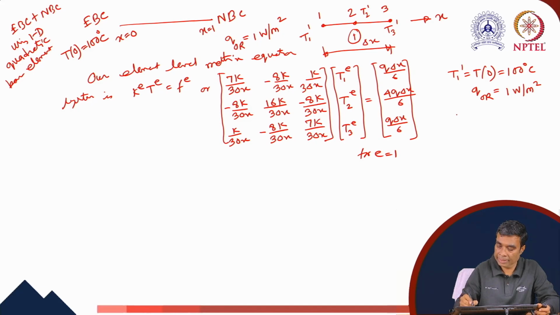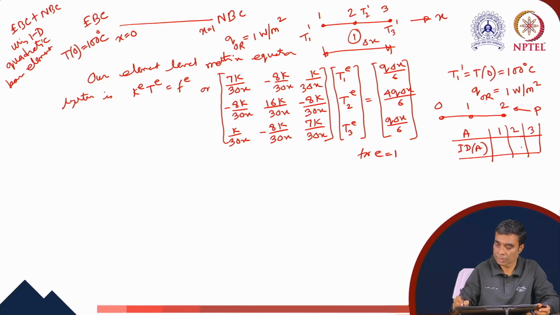Our ID array can be constructed as global equation numbers 0, 1, 2. This is capital P. So A versus ID(A): 1, 2, 3 are the global nodes, and this is 0, 1, 2.